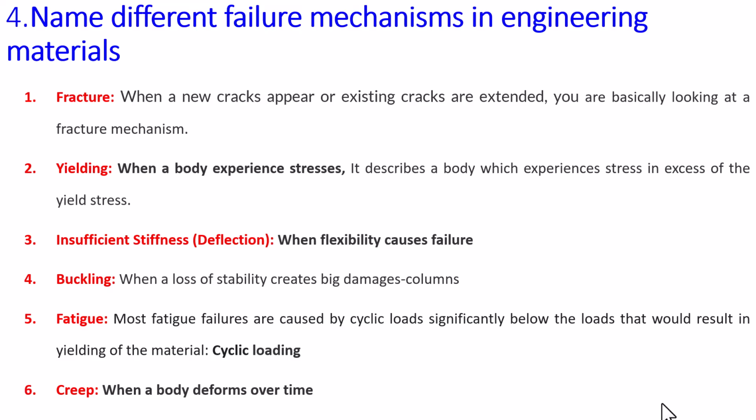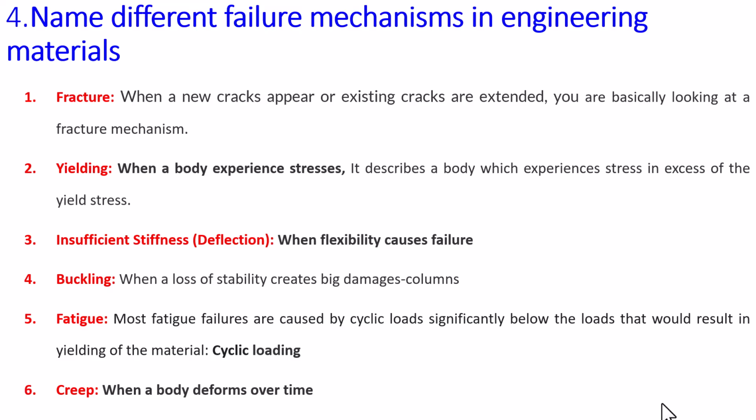That is called insufficient stiffness or lack of stiffness. Fourth one is buckling, which generally happens in the case of columns. When a loss of stability creates big damage in columns, that is called buckling.